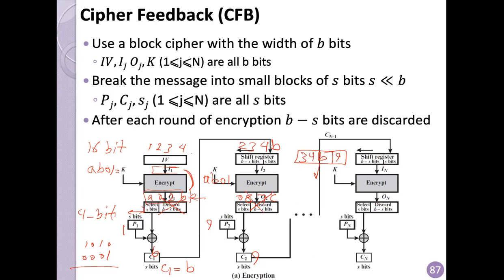We use the S bits of this cipher or the output of the encryption, and after XORing it with the plain text here, we use that S bits and we feed it from the right side, we shift it from the right side to the input of the previous block and use it as the input for the next block. I think this should make it clear.